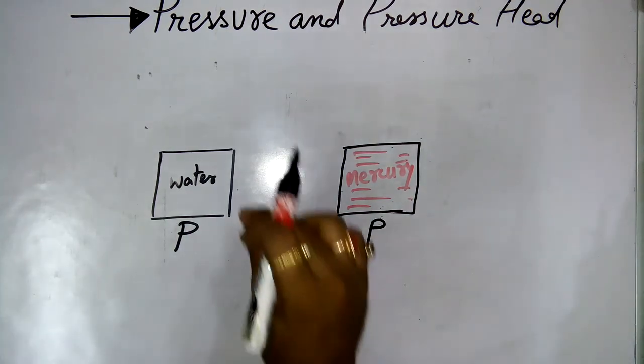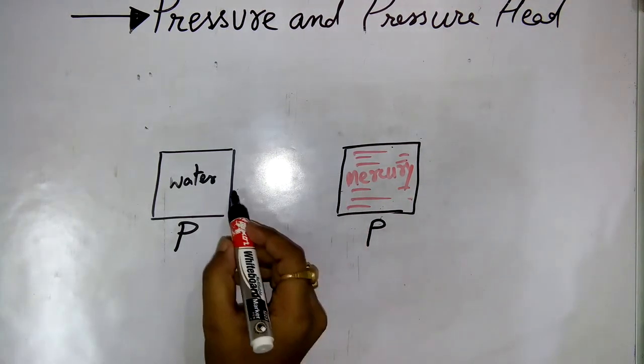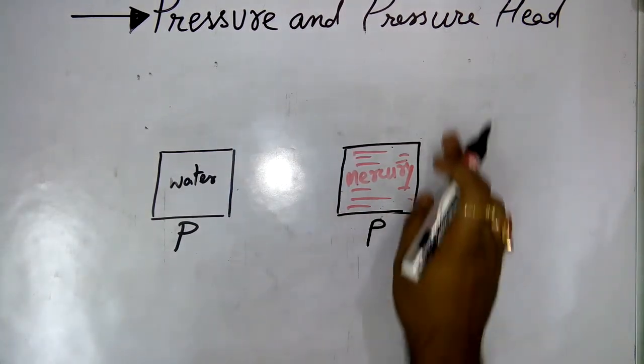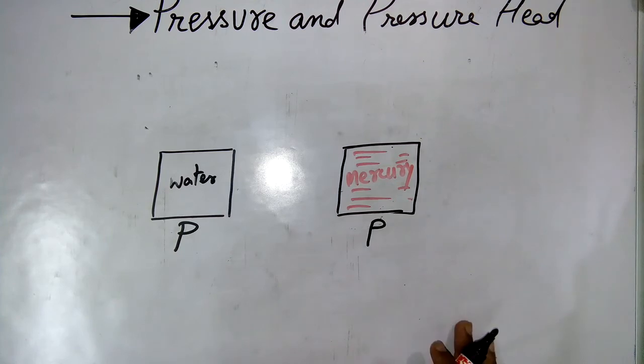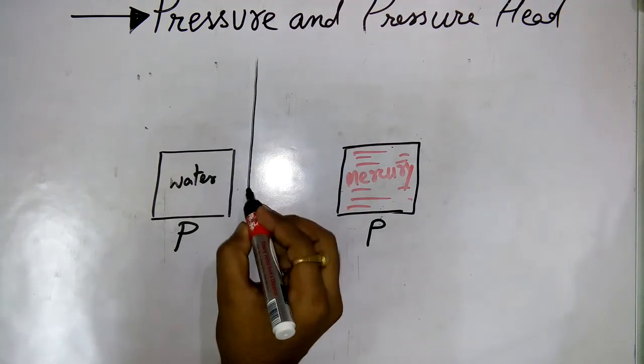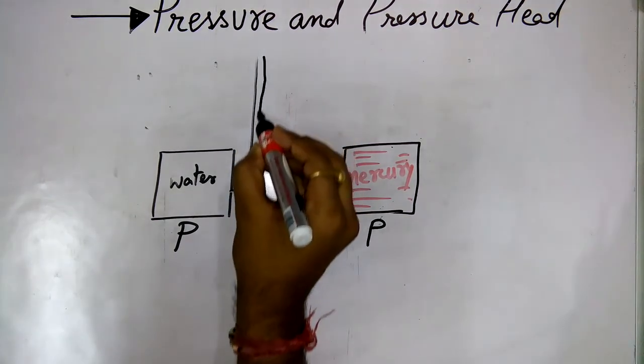Now the question is, if I attach a piezometer tube, then in which will the level of the rise of the fluid be more? Suppose there is a piezometer tube like this.